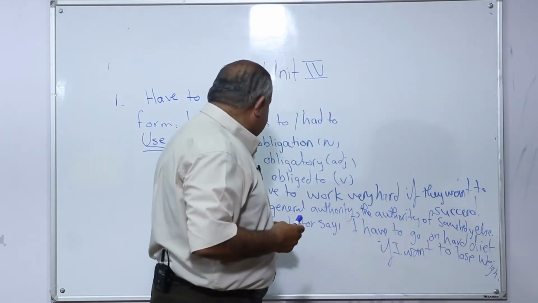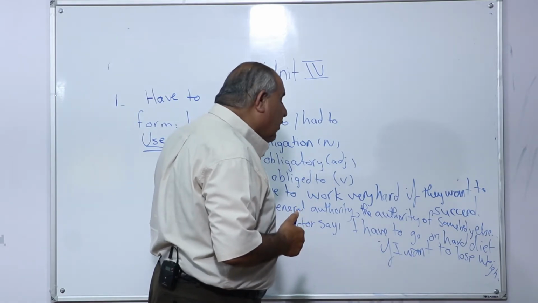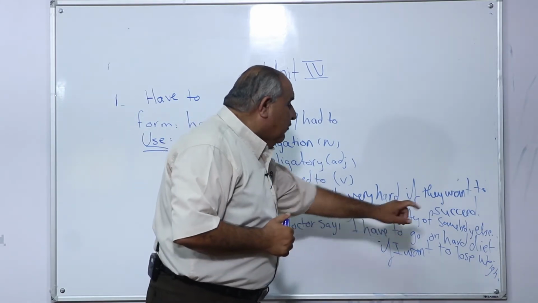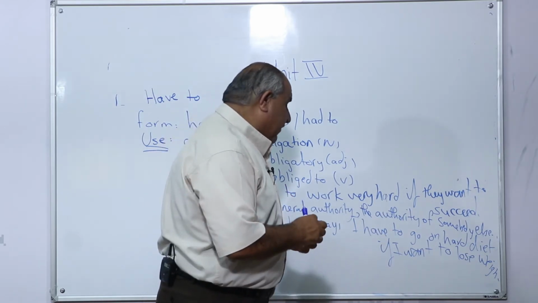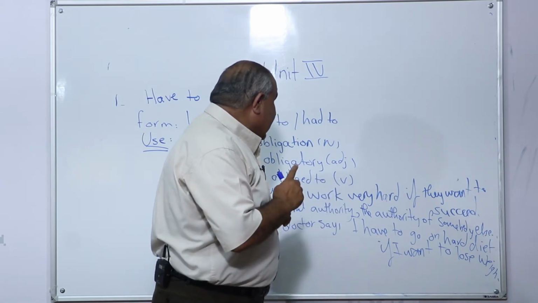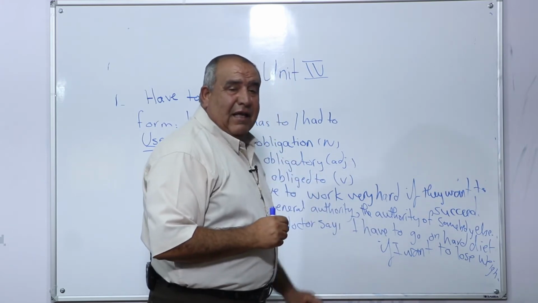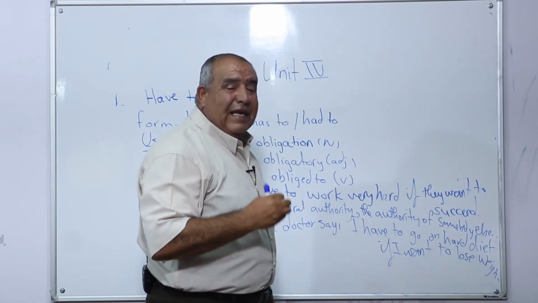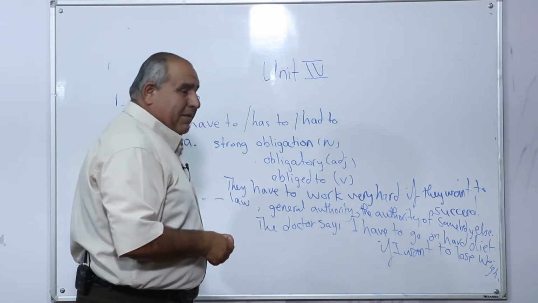Now, this is called general authority, or the authority of law, or the authority of somebody else. So if you want to lose weight, if you want to be thinner and more slim, the doctor says, I have to go on a hard diet. I have to be less heavy, less fat. Now this is number B.